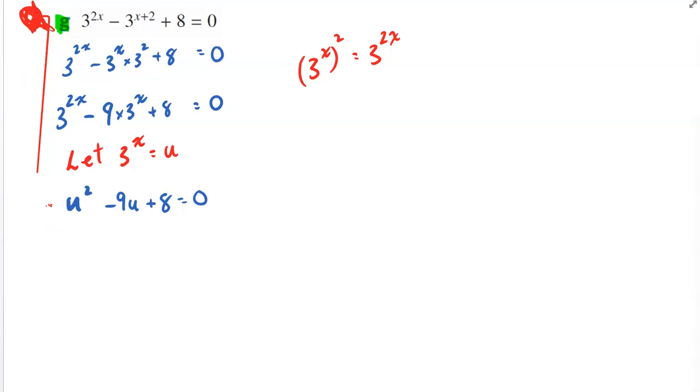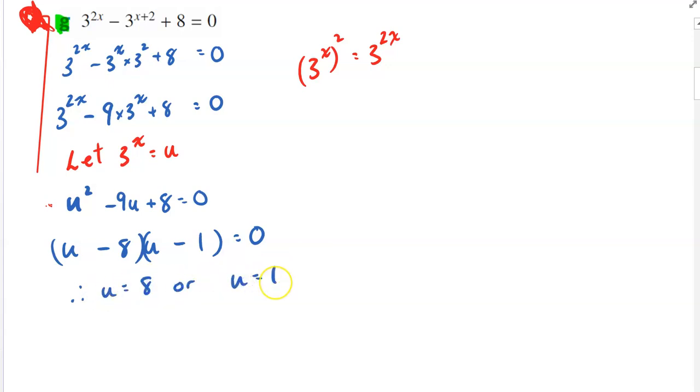Now we can do like something like this and figure out what numbers we need, probably like -8 and -1. I think that's right. And so therefore u equals 8 or u equals 1.